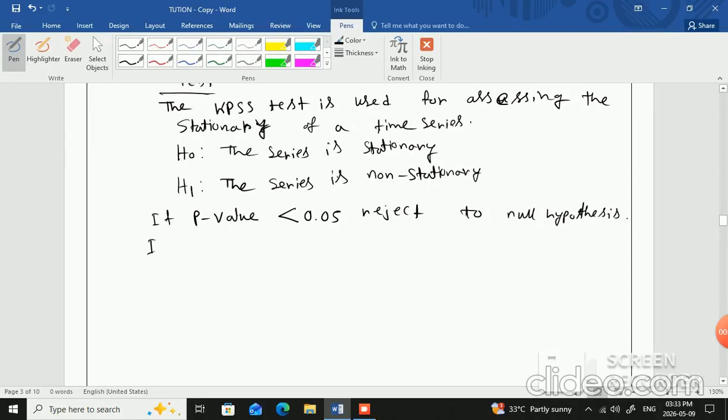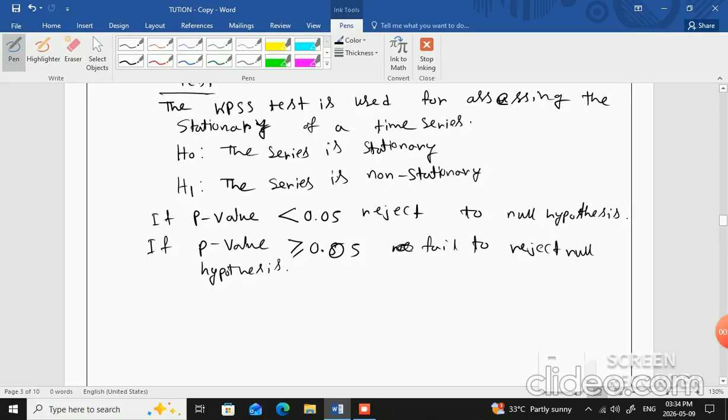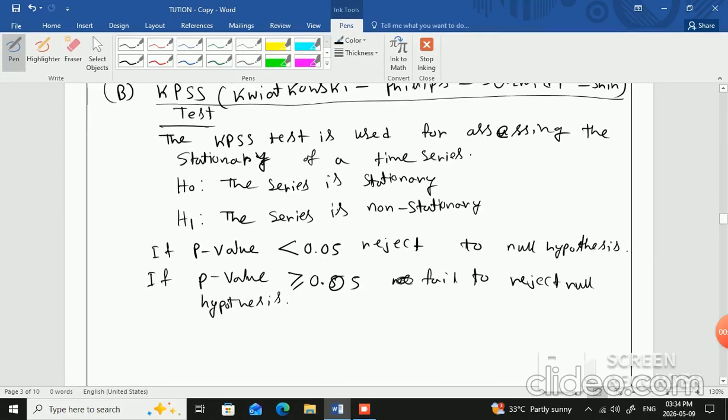If p-value is greater than or equal to 0.05, fail to reject the null hypothesis. So this is the same but opposite of the ADF test.